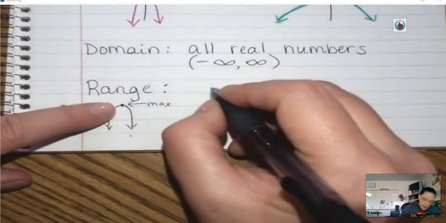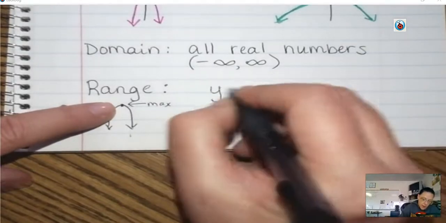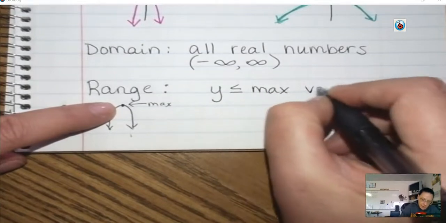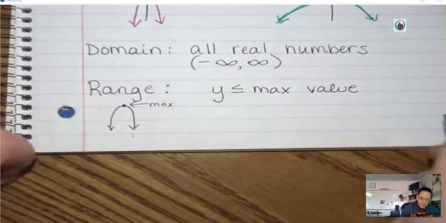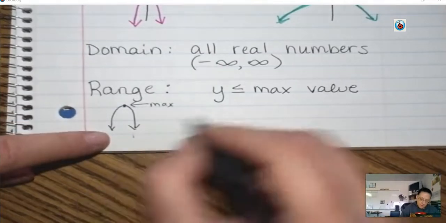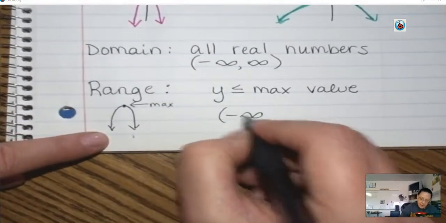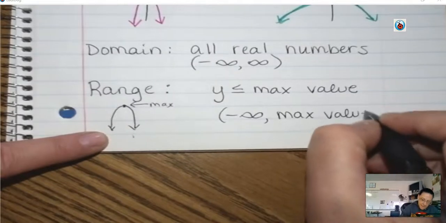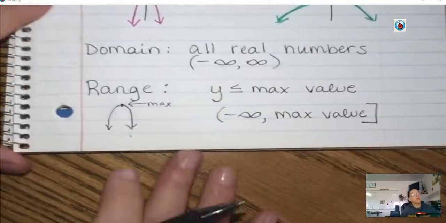One way I think they're going to ask you to write it is y can be anything that's less than or equal to the max value, or it's from negative infinity up into that maximum value. And it does hit the max value, so the max value gets a bracket.